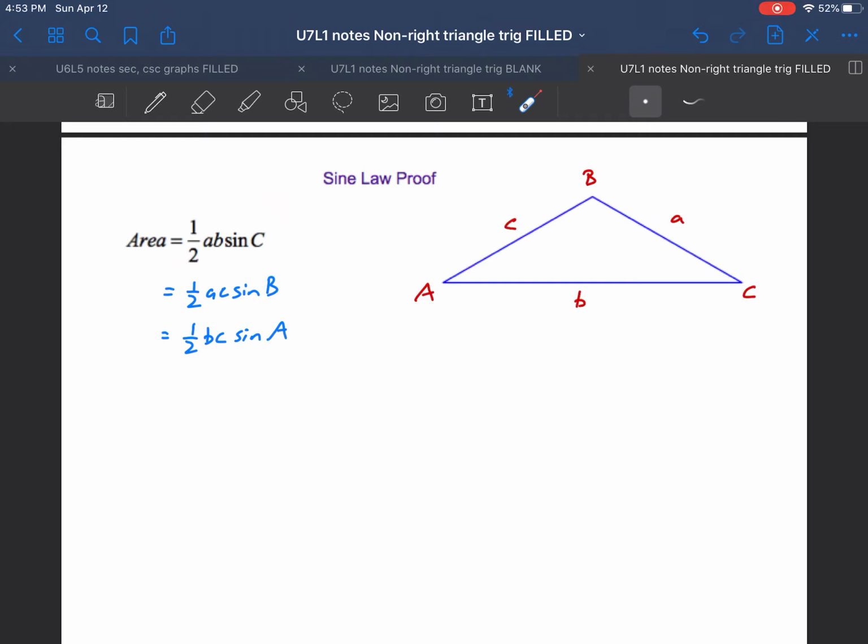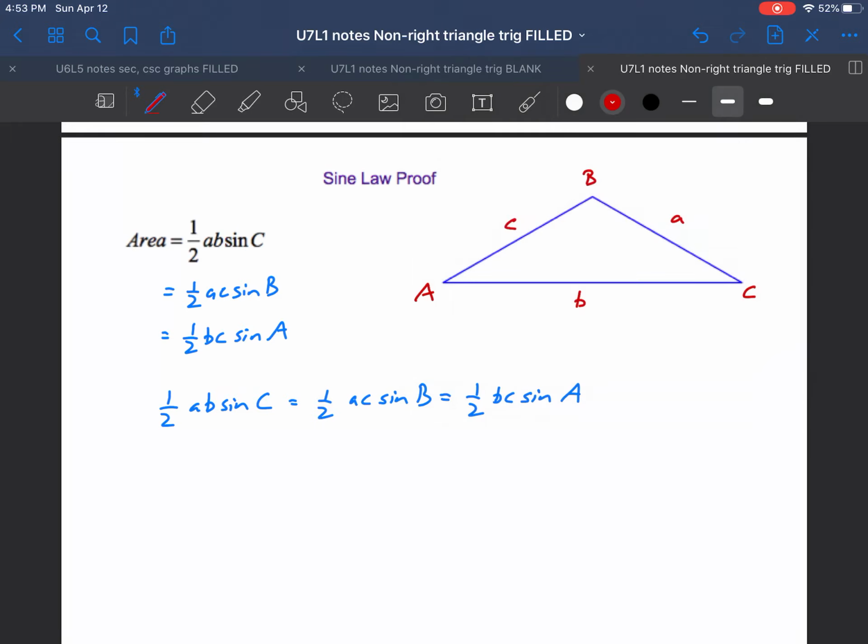So 1/2 AB sine C is equal to 1/2 AC sine B, and that's equal to 1/2 BC sine A.